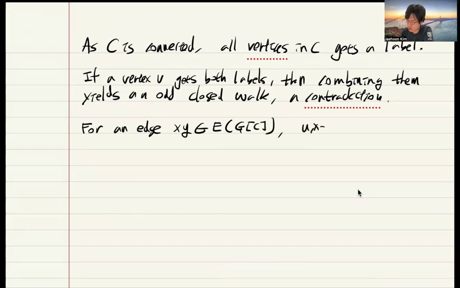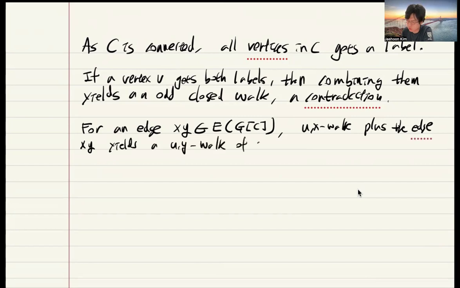You take a walk from u to x, and then we take the edge. Then it yields a uy walk of different parity.